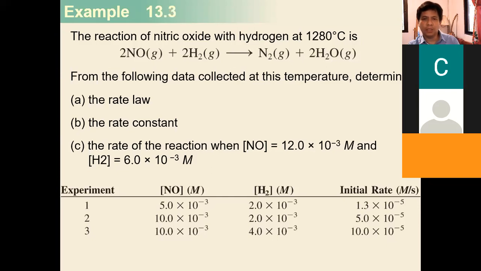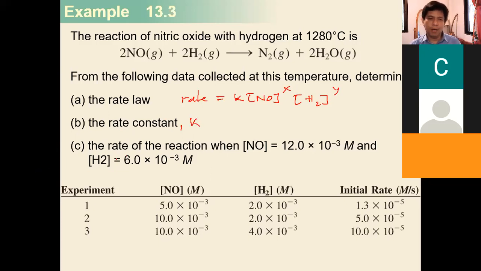So from the following data collected right here, at this temperature, determine the rate law. Hanapin nyo lamang yung power niya with respect to NO at saka with respect to hydrogen. Yan lang yung rate law niya, no? Tapos yung rate constant naman, that's k.